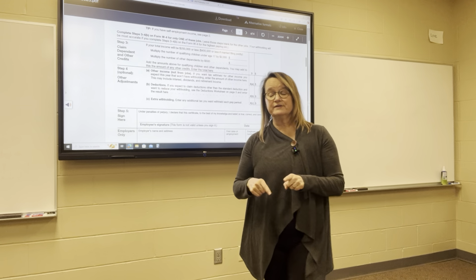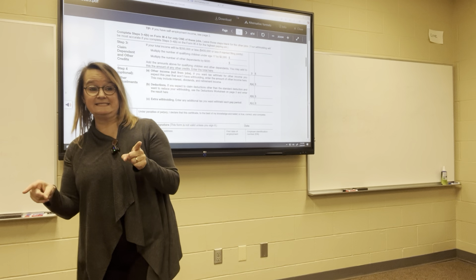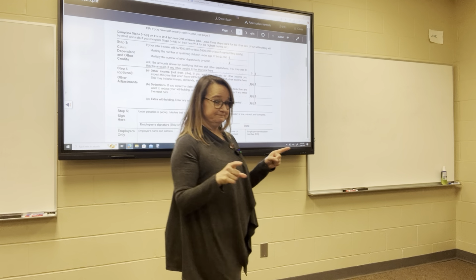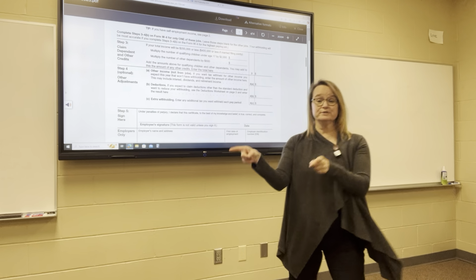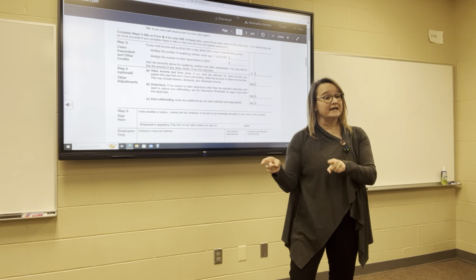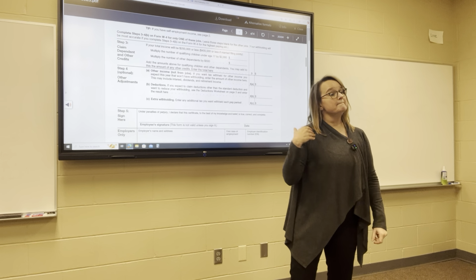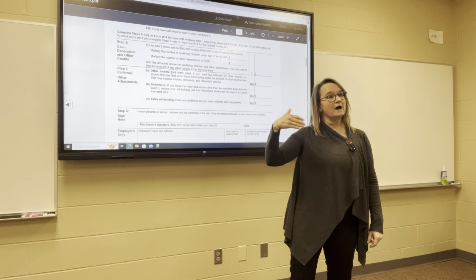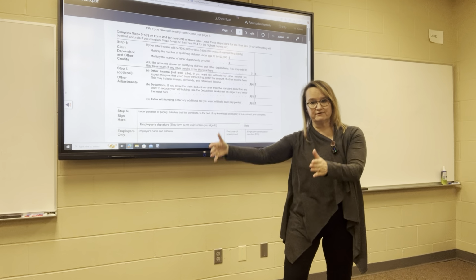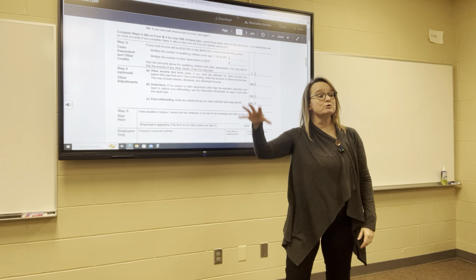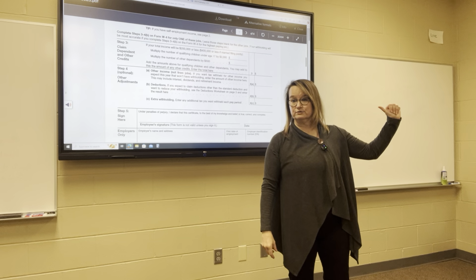But you also have the option, and you guys are all going to learn this in detail when you take income tax accounting, there's a separate deduction called itemized deductions, where maybe you have other deductions that qualify as itemized deductions, and when you total them up, it's more than the standard deduction.